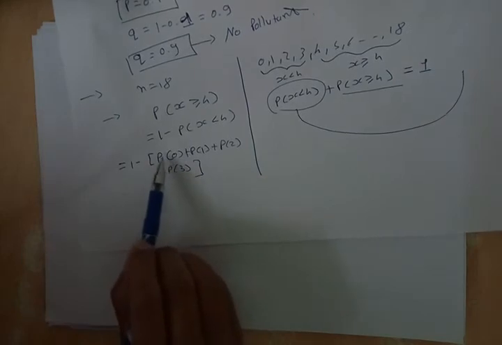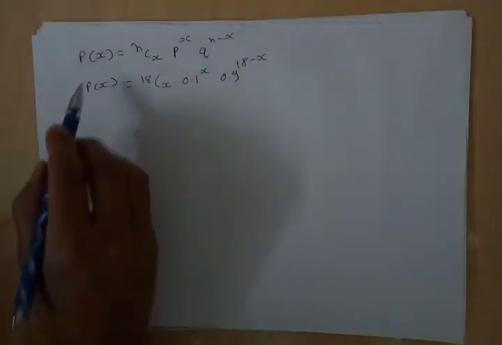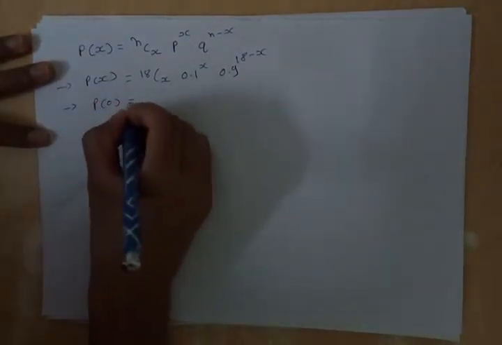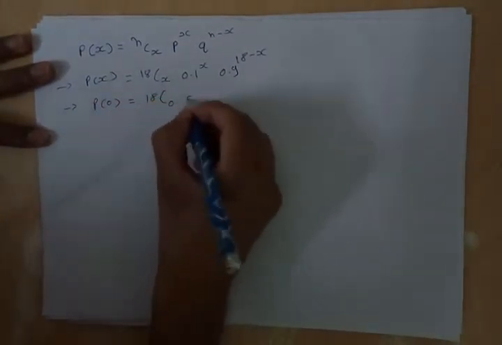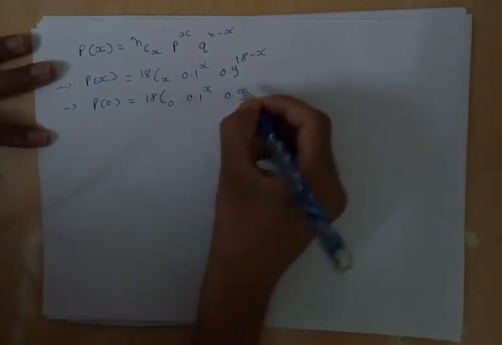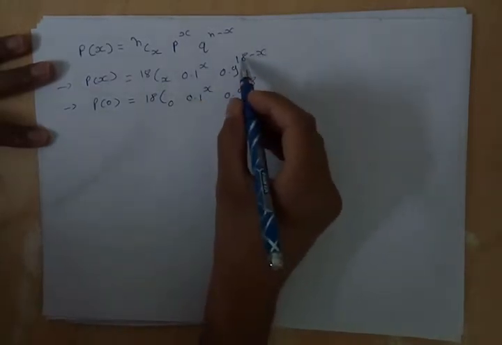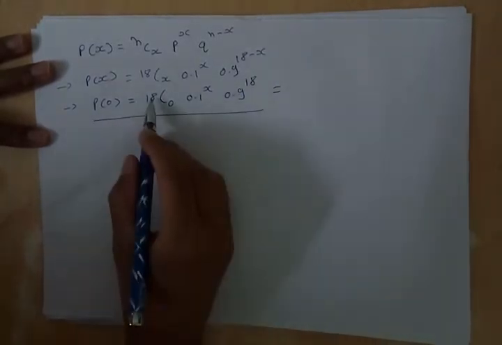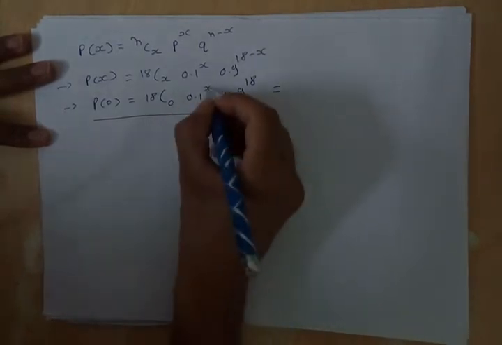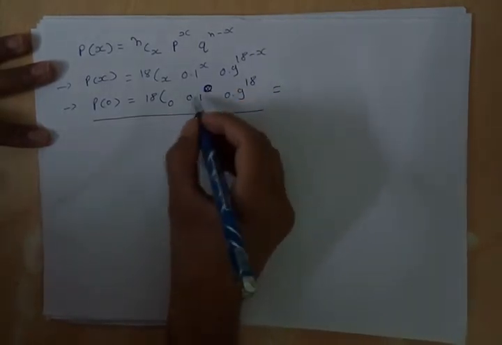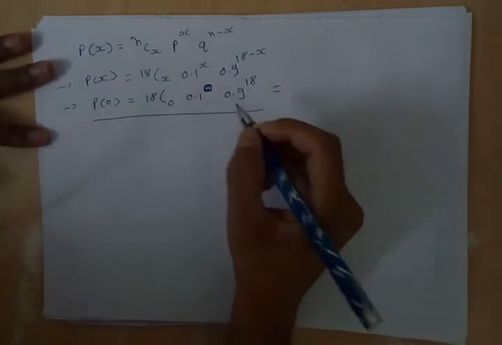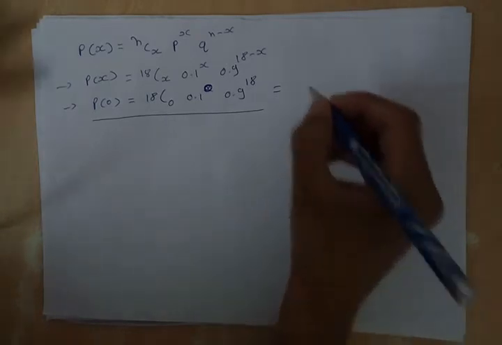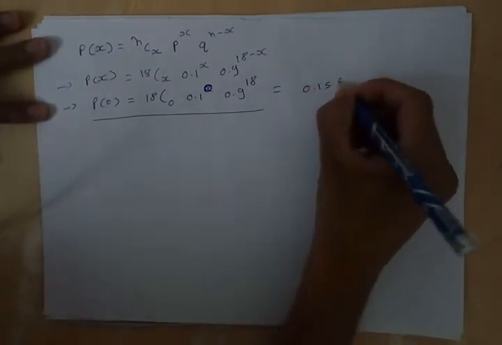So first we will calculate P of 0 by putting x equal to 0 here. So 18 minus 0 is 18. Now if you calculate this expression, 18C0, 0.1 raised to 0 is 1, 0.9 raised to 18, using a calculator you will get the answer as 0.1501.